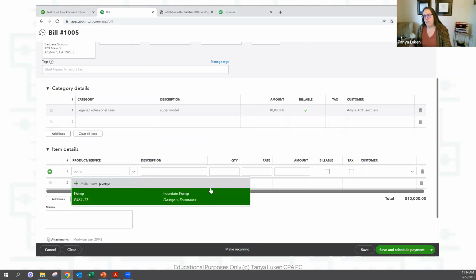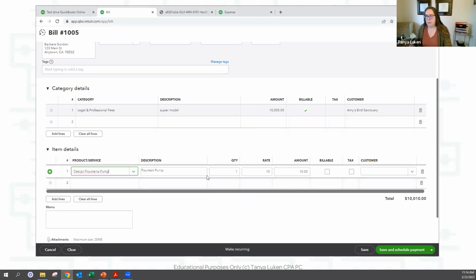We're going to buy 10 of these pumps and bill them back to Amy's Bird Sanctuary, because Amy asked us to come in and put different water fountains in all of her little pens in her bird sanctuary. So that would be something that's billable.